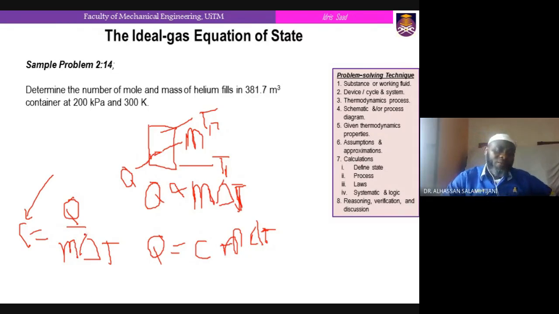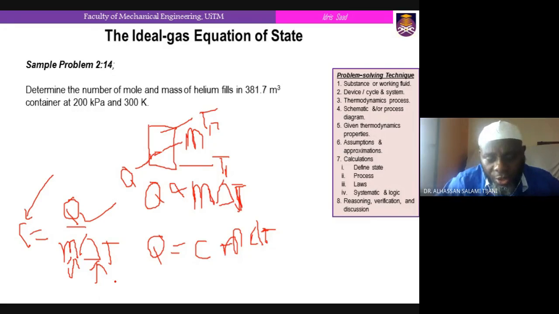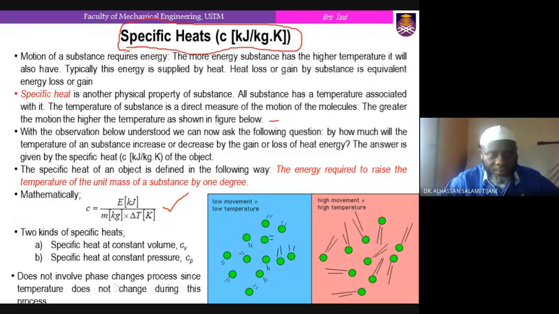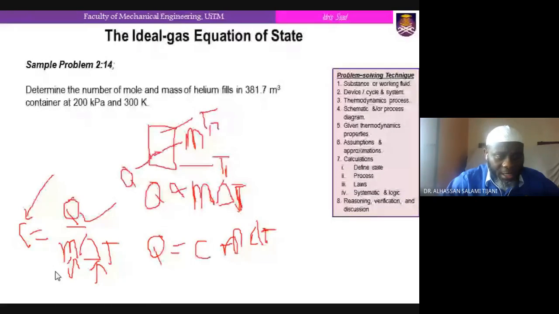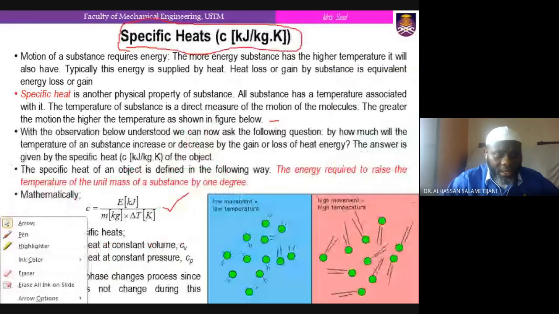So what is this specific heat capacity? It is the energy required to raise the temperature of a unit mass of a substance by 1 degree Celsius or 1 degree Kelvin. That's the classical definition of specific heat capacity, as we explained earlier.